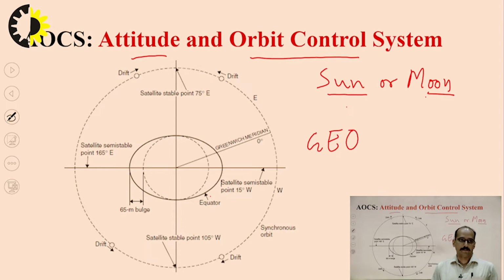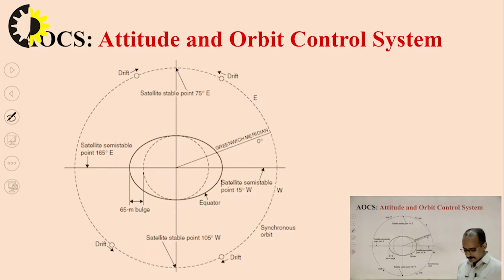It means these forces are responsible for the orbital dislocation of the satellite. So these stable points are basically defining the stable position of the satellite, and these drifts are related to the sun and moon gravitational forces acting on the satellite, and this complete structure shows how a satellite is facing the forces in orbit.